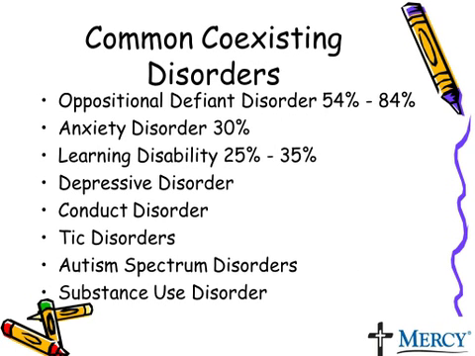Often ADHD is not seen by itself. In fact, most children that we see, at some point as we follow them, may develop another disorder. Particularly in children with hyperactivity and impulsivity, it's very common to have oppositional defiant disorder.